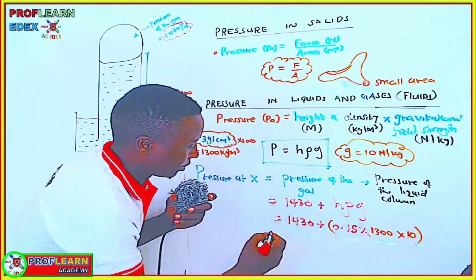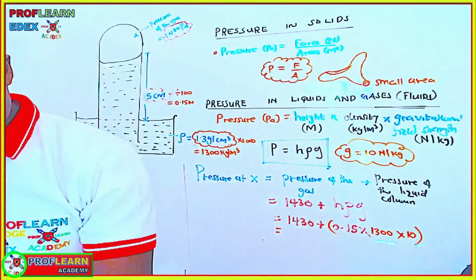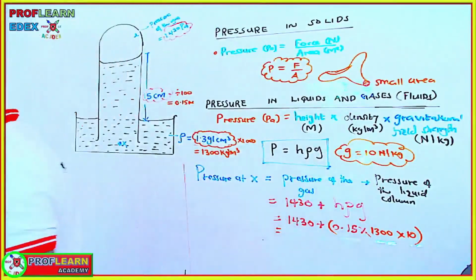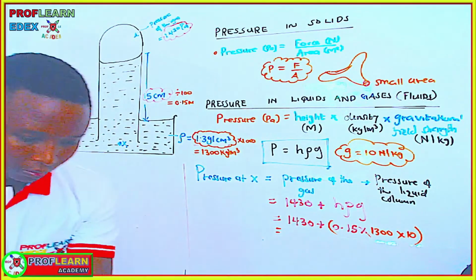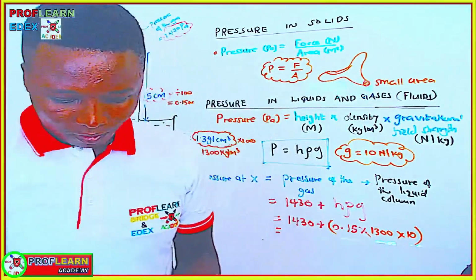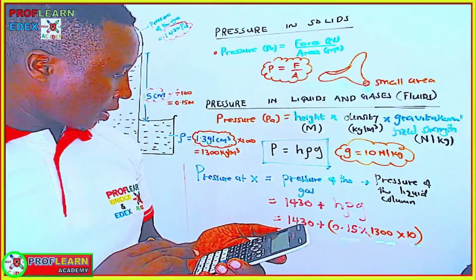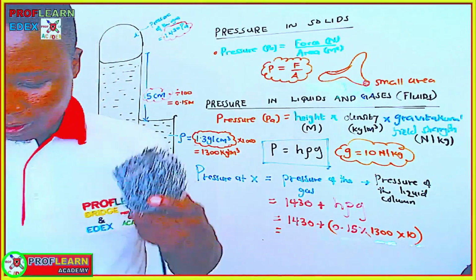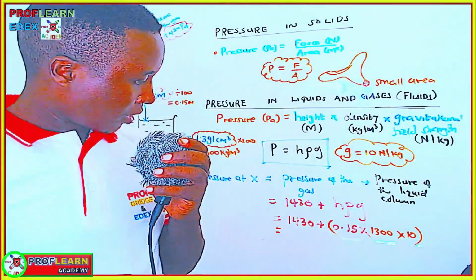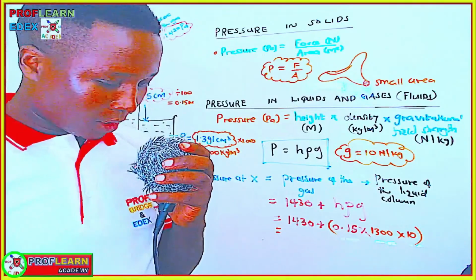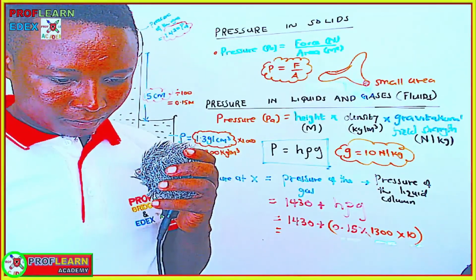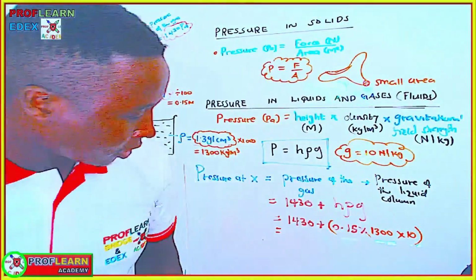If we multiply all this, let's check the answer. Putting this in the calculator, 0.15 times 1300 times 10 translates to 1950.